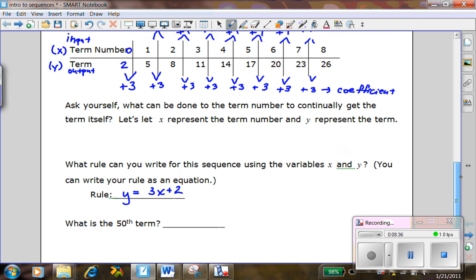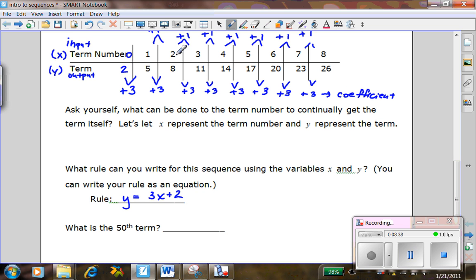You can even check it real quick. Let's try 2. Let's plug in 2. If I plug in 2 to this equation right here, I'd get 3 times 2 plus 2. 3 times 2 is 6 plus 2, and that gives me 8. And what am I supposed to get? I'm supposed to get 8. That means I am right.